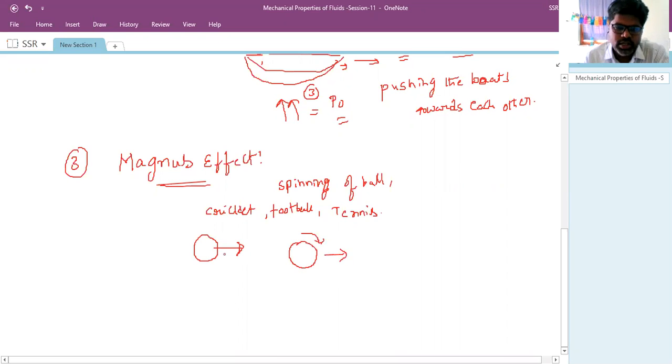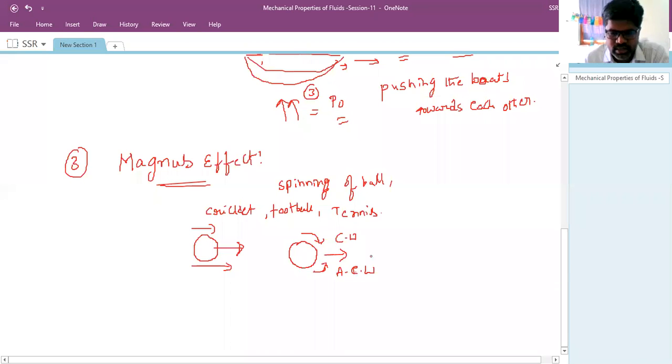When a normal ball is thrown horizontally, it will go horizontally without any effect. Whereas a spinning ball, whether clockwise or anti-clockwise, when thrown into the air, deviates its path while it is moving. That's the main understanding.